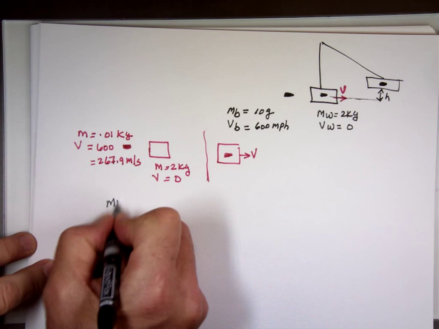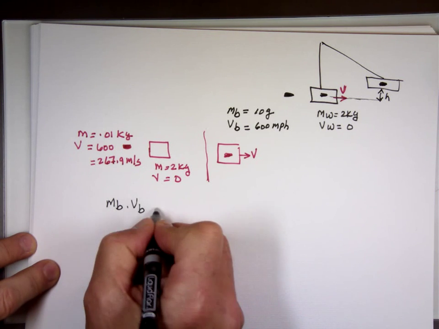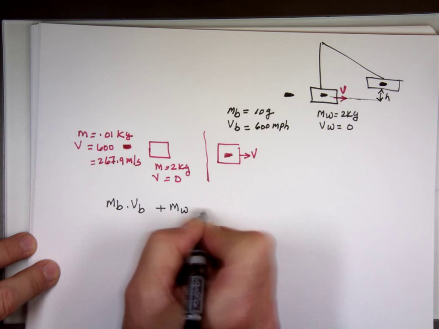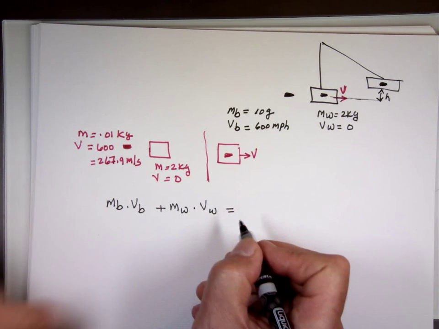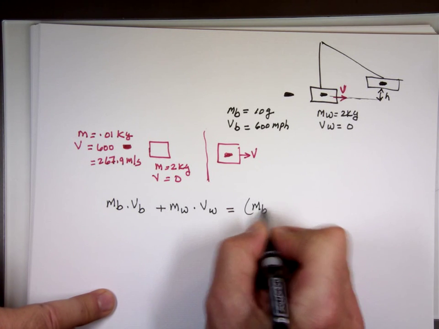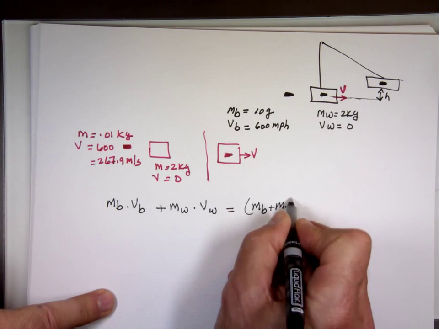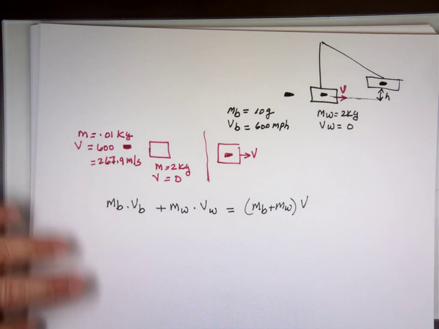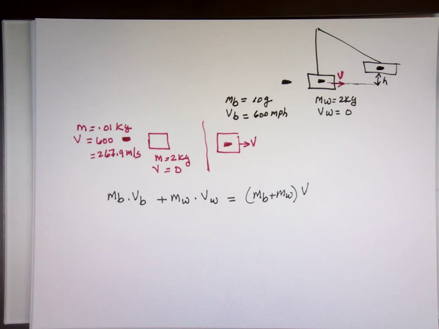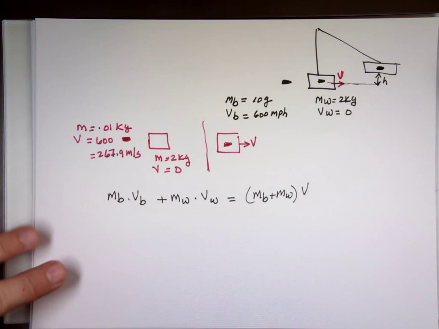So if I take the mass of the bullet times the velocity of the bullet plus the mass of the wood times the velocity of the wood, it should equal what? The mass of the bullet plus the mass of the wood, because they're stuck together now, times the velocity, which is v. What is the mass of the bullet? 0.01.